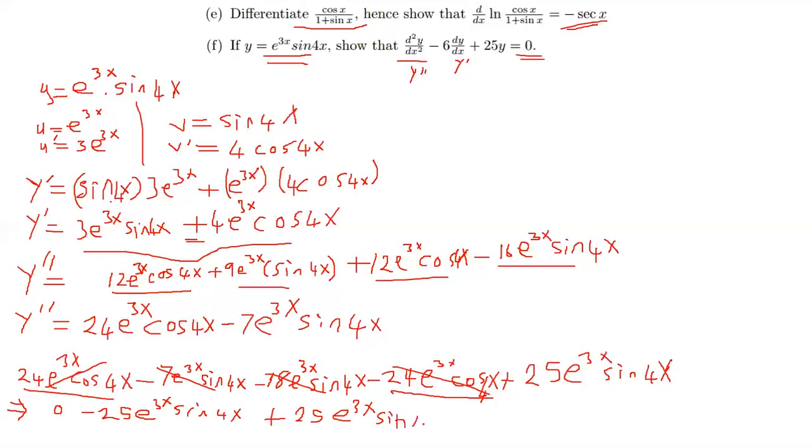So I think you can see now that when you add this and that, you just get a 0 as your answer. So this tells us that we have solved our question correctly, because we have shown that this part is just equal to 0.